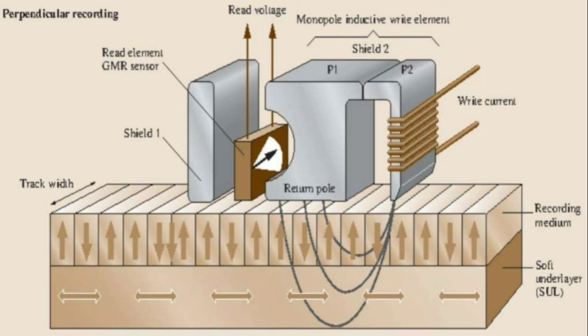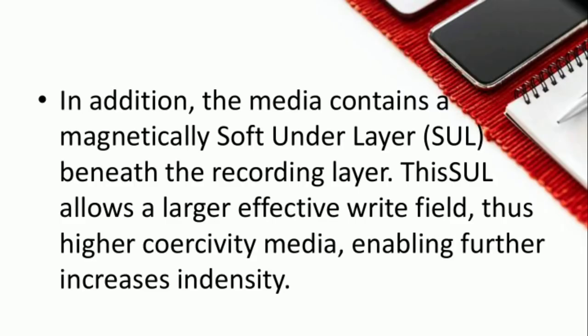In perpendicular recording, as shown in the figure, the adjacent bits attract instead of repel, creating more thermally stable bits. In addition, the media contains a magnetically soft underlayer, that is SUL, beneath the recording layer.